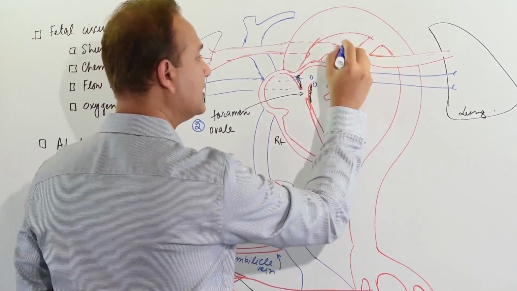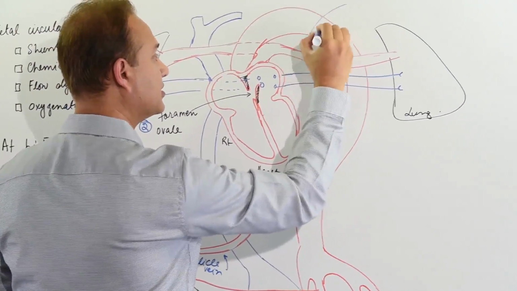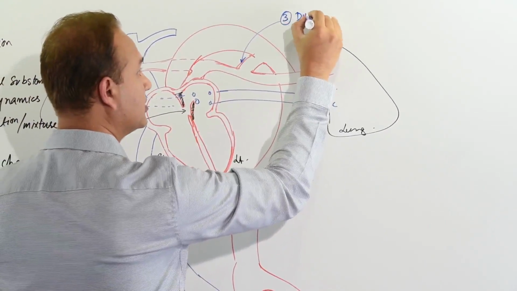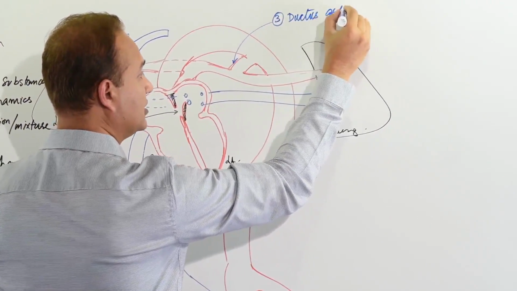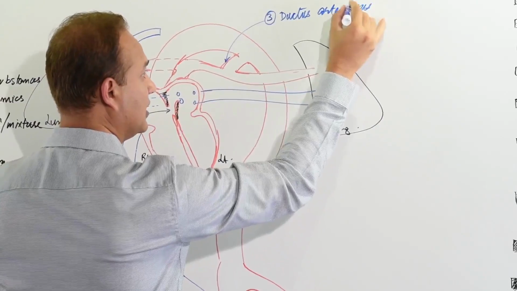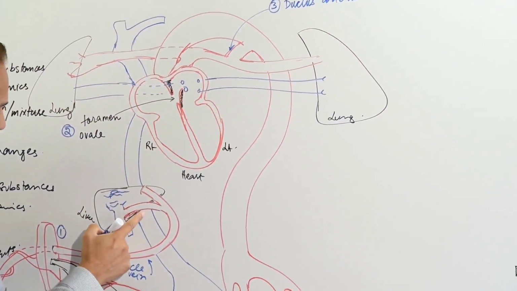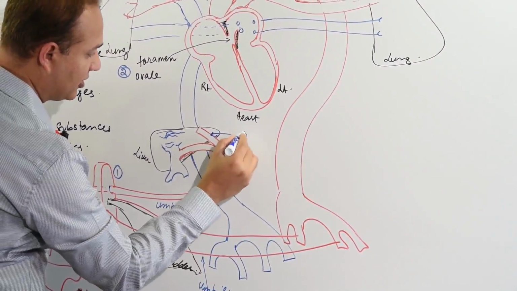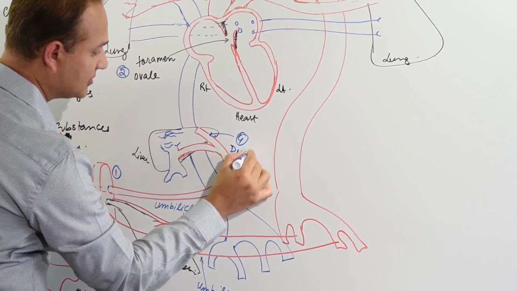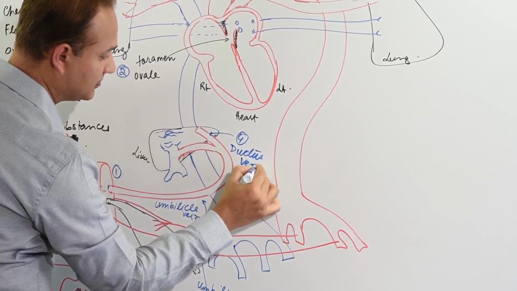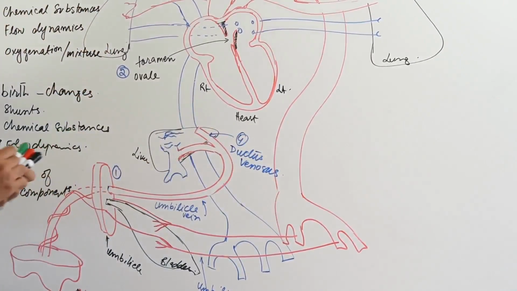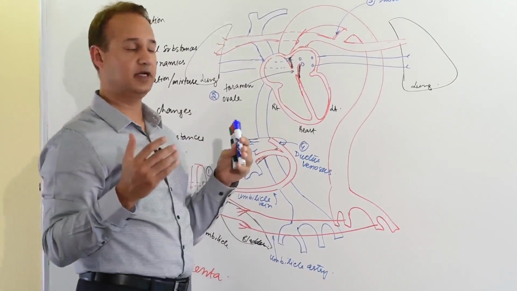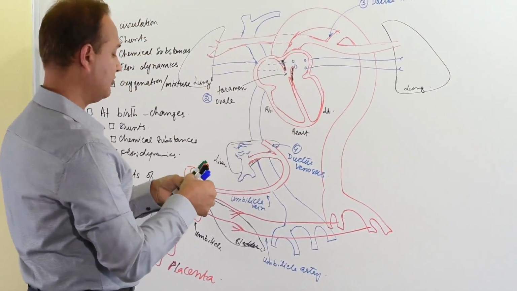Number three is this structure you are seeing here. This is the ductus arteriosus. And number four is something you can see here, this one, and that is the ductus venosus. So these are the four things that are different in a fetus compared to an adult. Now what are the other structures that we can see here?